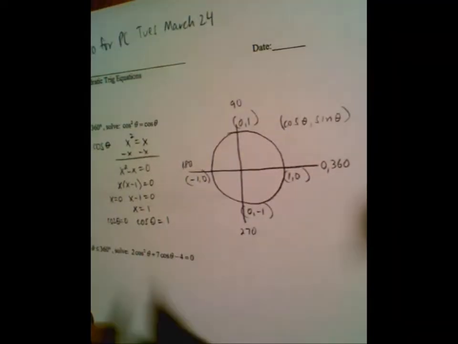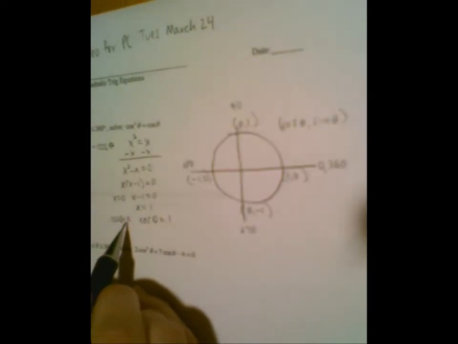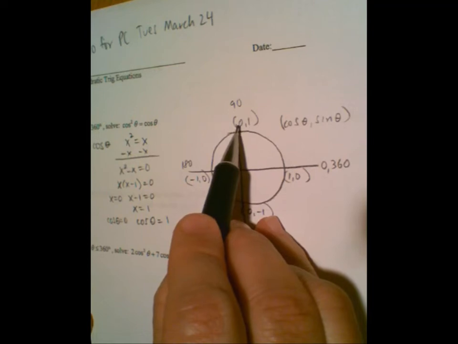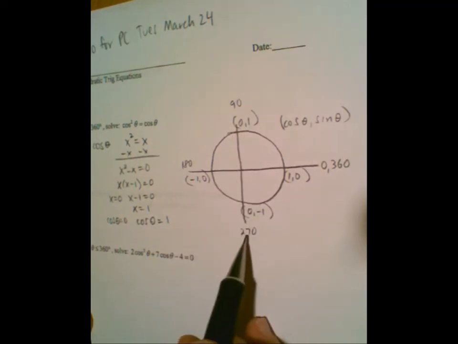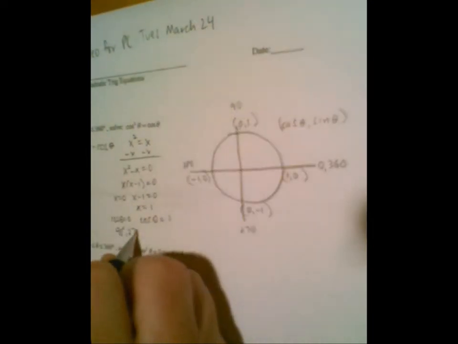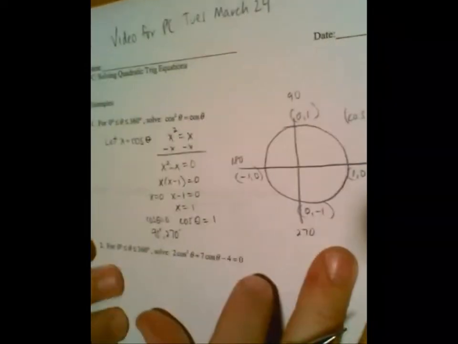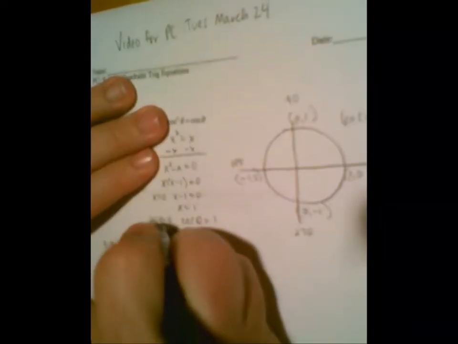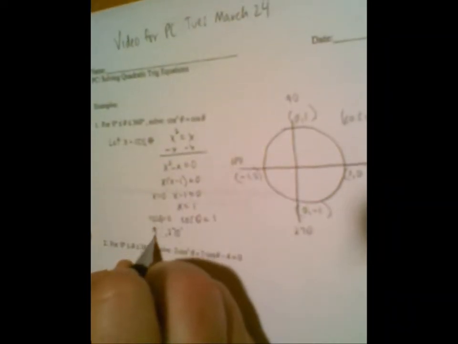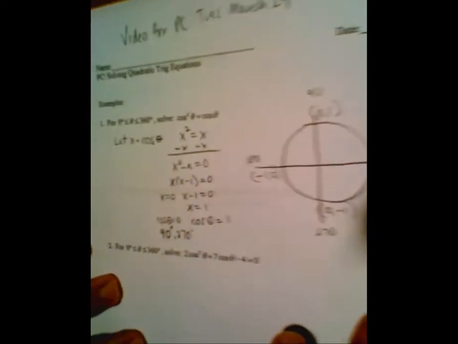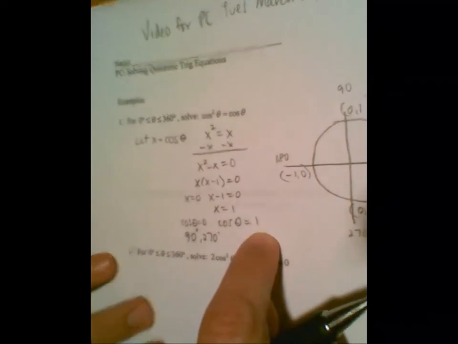So the question is, when is cosine 0? Cosine's the one on the left. So at 90 degrees and 270 degrees. And then, where is cosine theta equal to 1?